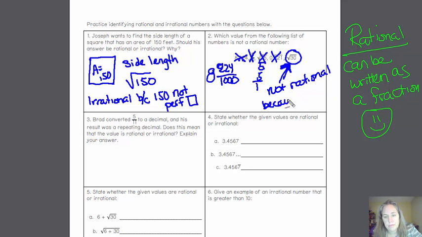Not rational, because 30 is not a perfect square.